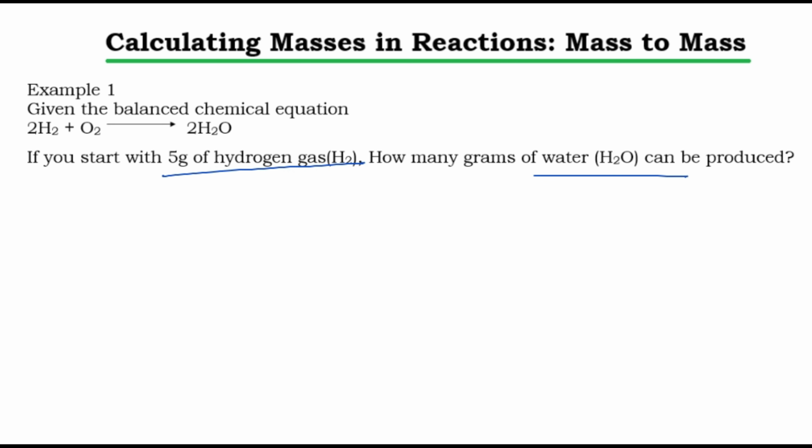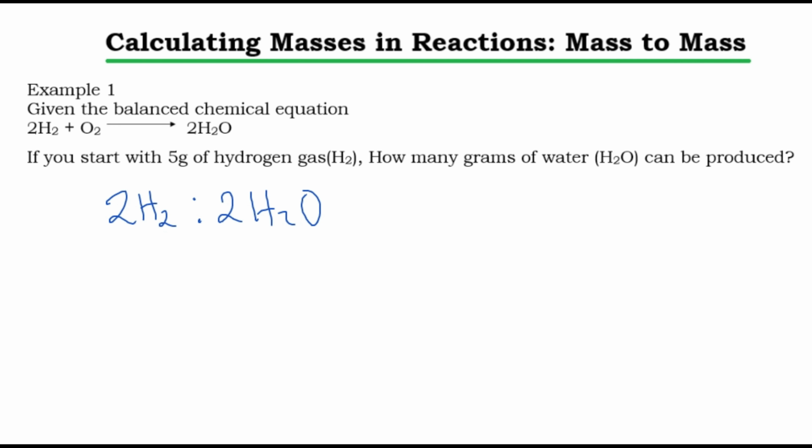What is the given quantity? The given quantity is the one you've been given information about, 5 grams of hydrogen gas, and the wanted quantity is the one you have no information about or the one you've been asked about, which is water in this case. So hydrogen to water.